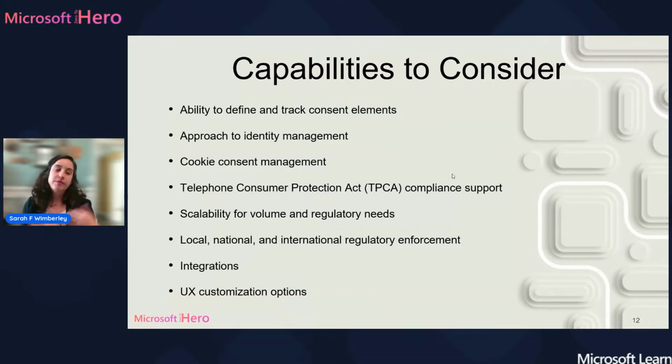It can also mean serving up those opt-in screens that are powered by the vendor, but are iframed in or API'd into your website, for example, or a portal or an app. Understanding what you have today that would need to be explicitly replaced in a future state versus nice-to-haves that you could grow into as you got more comfortable with the vendor, but then also as your organization grew, is really important.